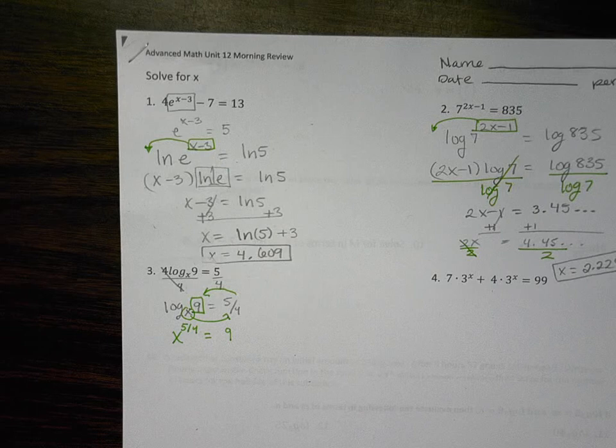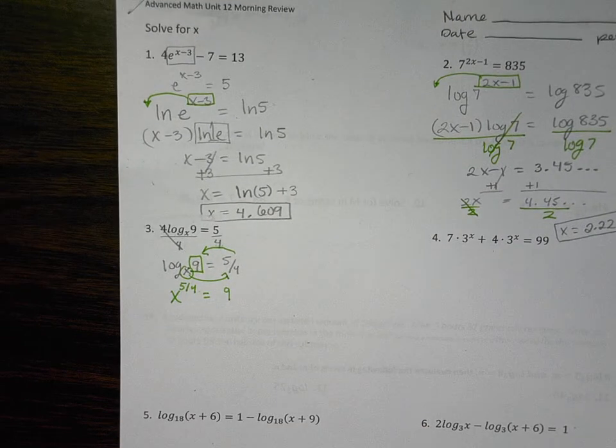Now we're solving. Take a look at where your variable's at. Is it a base or an exponent? It is a base. Do I have to take the log of both sides to bring the exponent down? No, we do not, because the variable's not in the exponent. Who remembers what you do to both sides to get x by itself, and do not use the word multiply? Reciprocal is the right word.